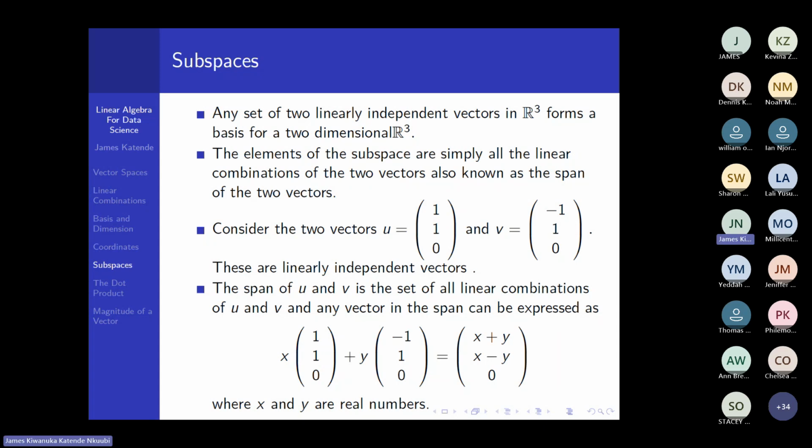We check that. If you want to construct the space spanned by these two vectors, you simply get all the possible linear combinations of the two vectors. So they will look like this: some real number multiplied by the first vector and some real number multiplied by the second vector. If you multiply these out and add them out, I think this is switched.